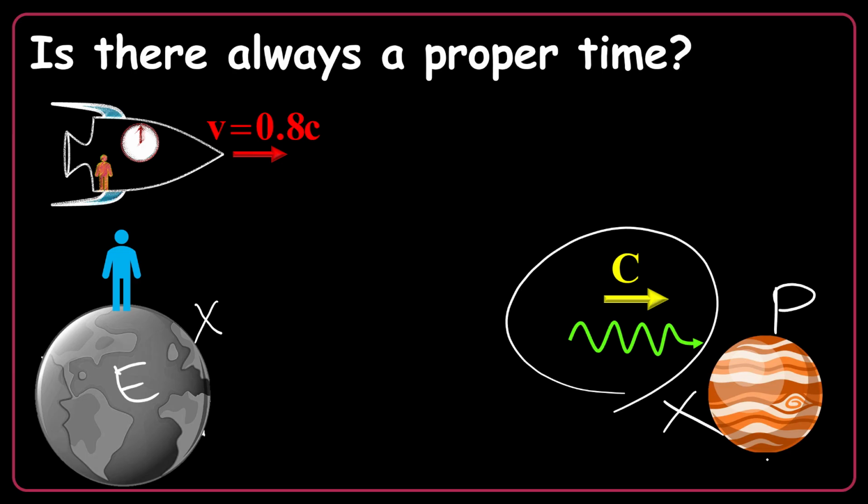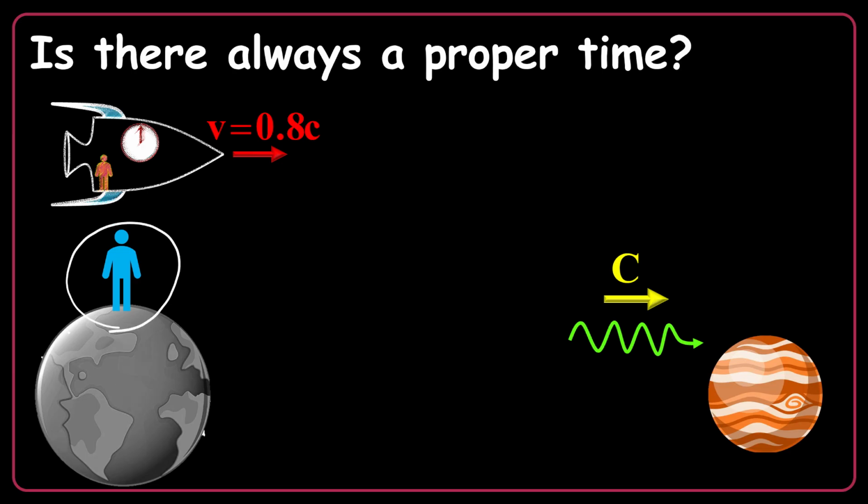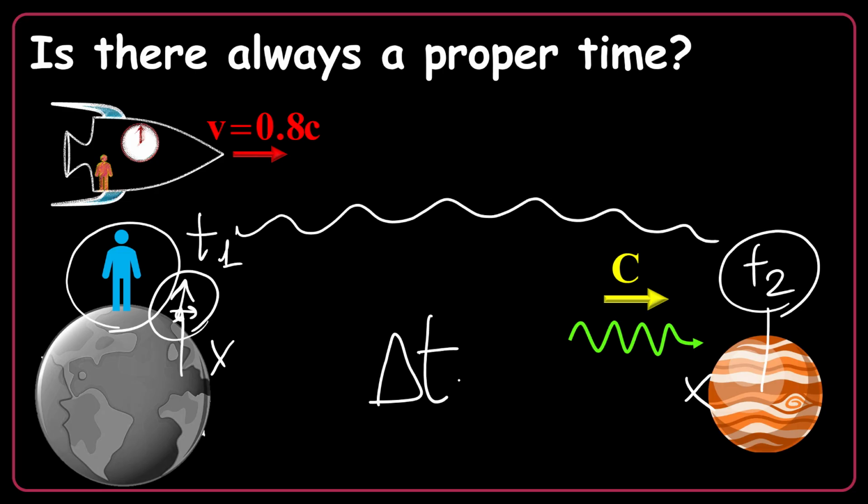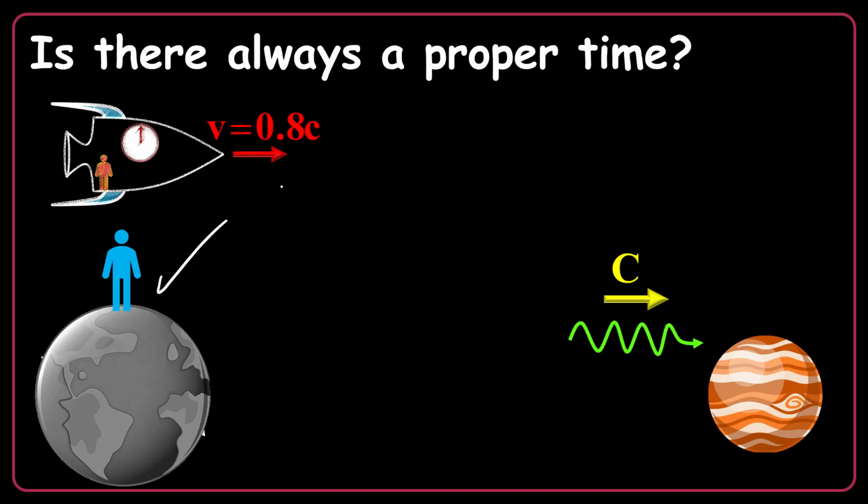The person on the ground will use a clock for finding the embarkation moment and then the arrival, T2, and subtract these two values to measure the time interval between the beginning and the ending point. This is going to be delta t, the dilated time, because they used a couple of clocks. So the ground observer will measure dilated time.